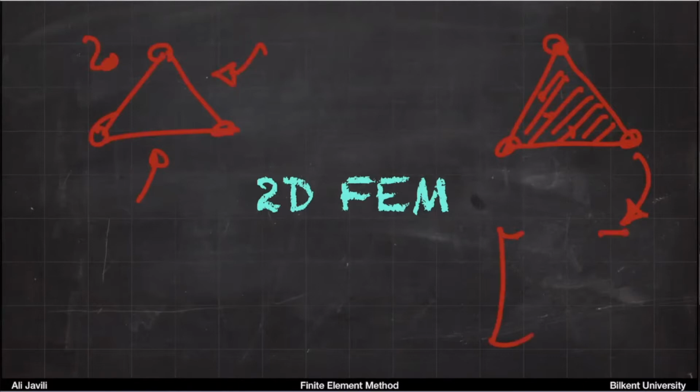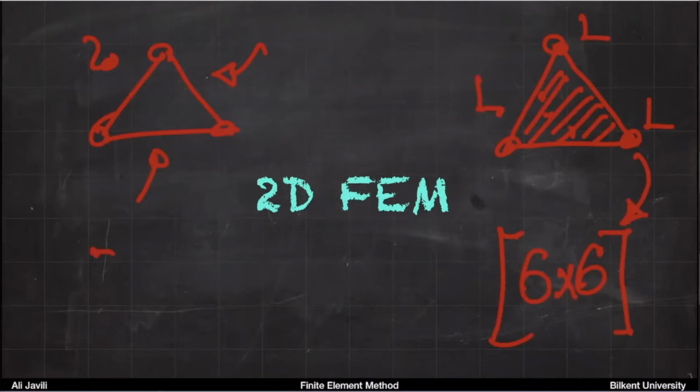it also has a stiffness matrix, which is now 6 by 6. Because each of these nodes has 2 degrees of freedom, and then you have 3 nodes, 2 degrees of freedom each, you have 6 by 6.